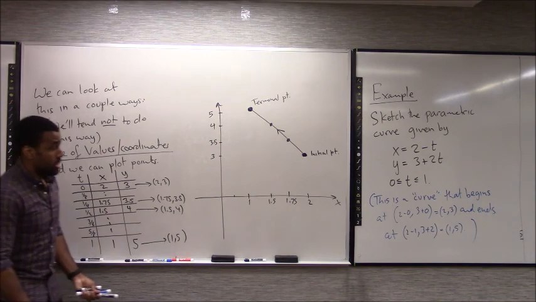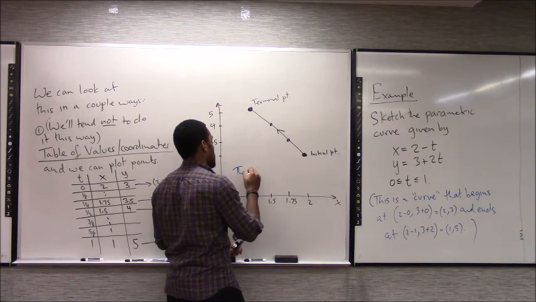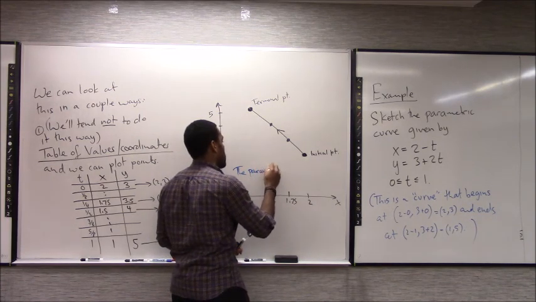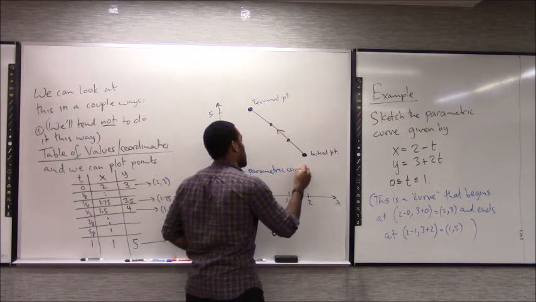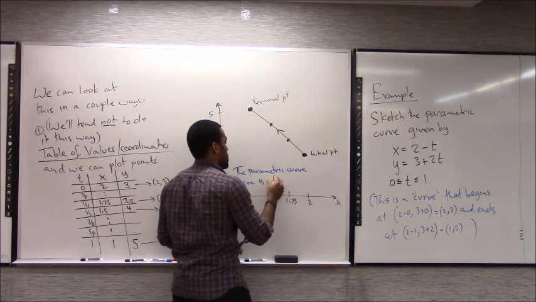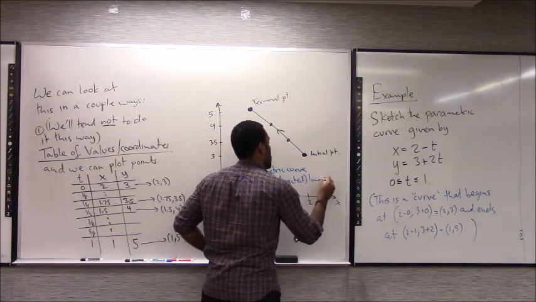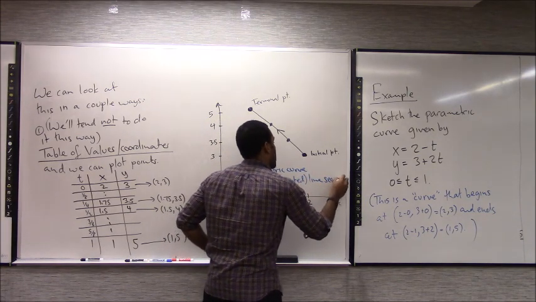But ultimately it describes a line segment. The parametric curve here is a directed line segment. So it's a part of a line.